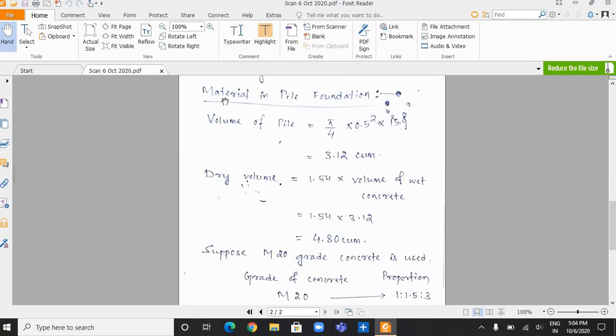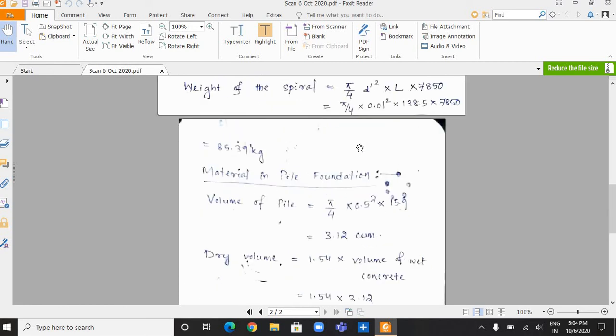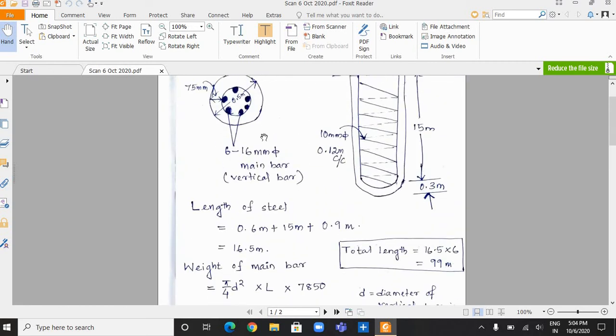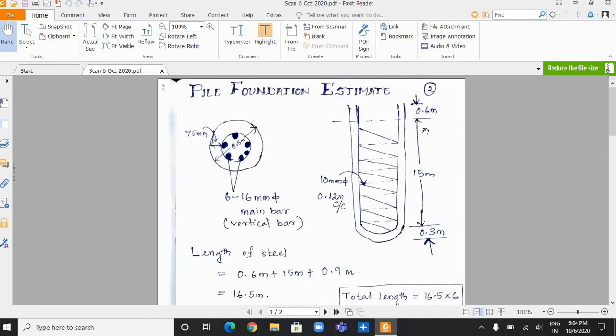Then we shall find the material in pile foundation. The volume of the pile would be pi by 4 d square multiplied with the length of the pile foundation. The diameter of the pile is 0.5 meter, and what is the length of pile?